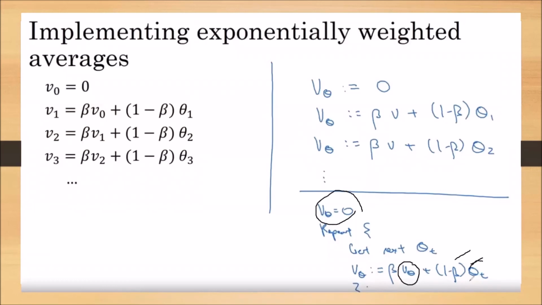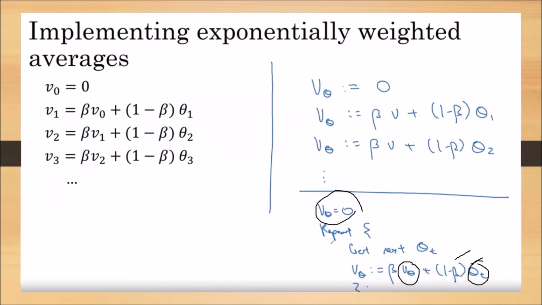Here, theta t represents the present day temperature. This is repeated n number of times depending upon our requirement. And remember, we are not storing every value. That's why it is more memory efficient, and our program is very simple. In a single line, we have completed our program.